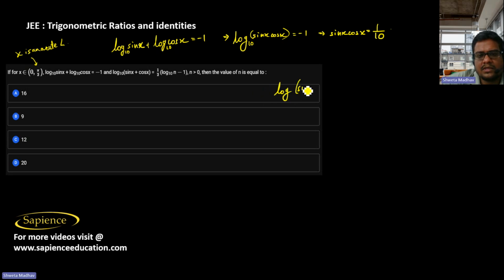Now log of sin x plus cos x, base 10, is equal to half log n base 10 minus 1. N is greater than 0.